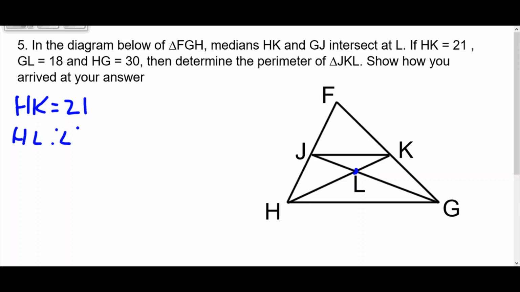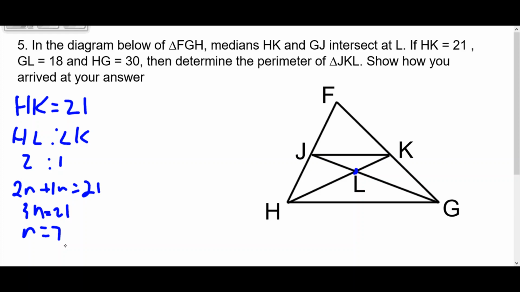So HL to LK, we know again the ratio is 2 to 1. So therefore 2n plus 1n equals 21. We know in this case that 3n equals 21, n equals 7.